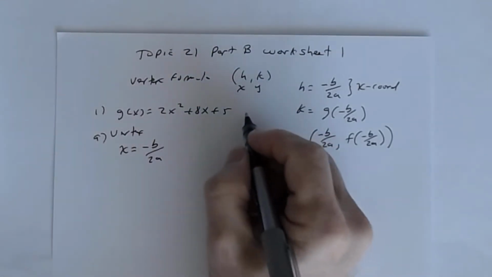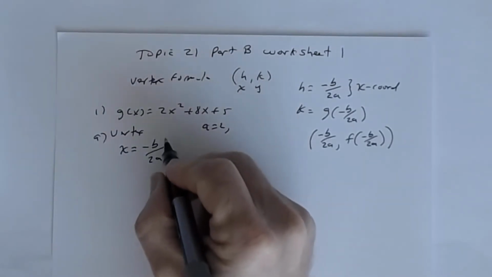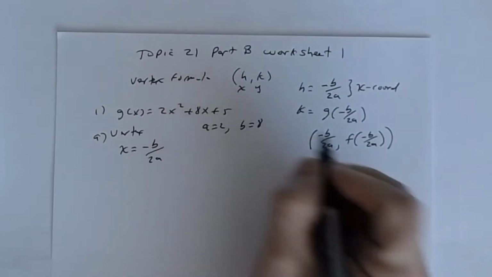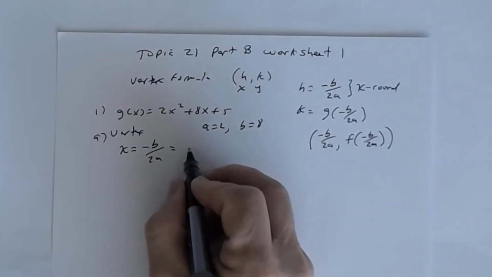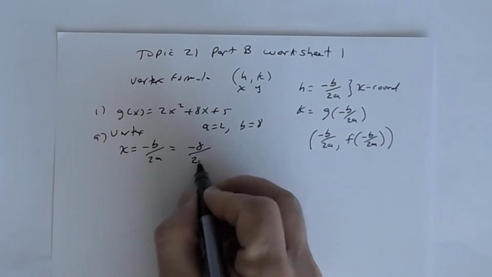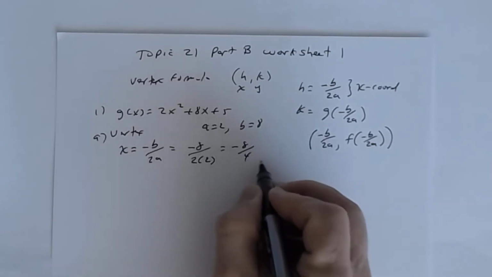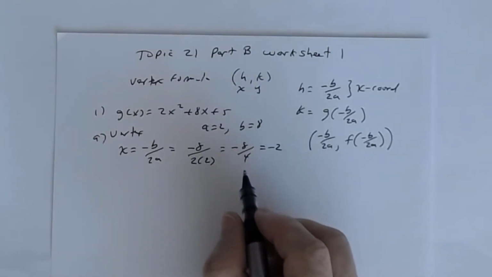So a is 2, and b is the coefficient of x, so b is 8. Then this becomes the opposite of b, so the opposite of 8 is negative 8, divided by 2 times a. A is 2, so this becomes negative 8 divided by 4, which is negative 2. So I found the x-coordinate of the vertex.